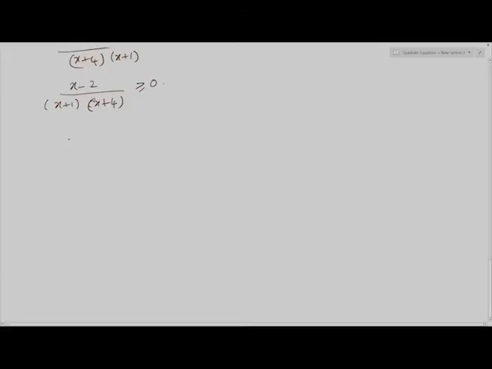Now, remember that there are 3 terms here. Okay. So, if there are 2 positive and 1 negative, then the inequality will be affected. So, therefore, either all should be positive, or 2 terms can be negative and one term positive. Okay. So, it is always better to draw the sign graph for getting the answer in an easier way.